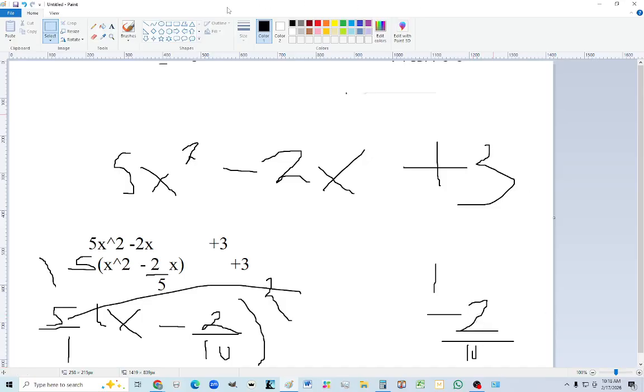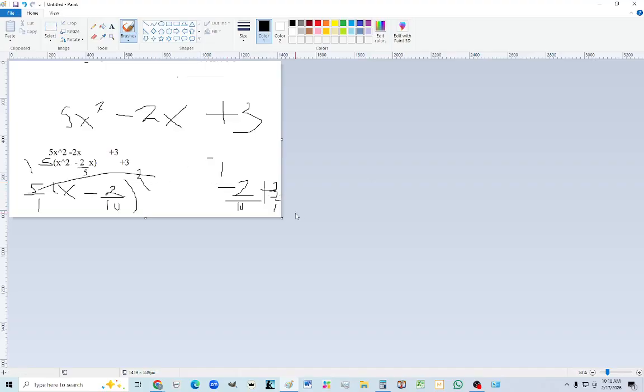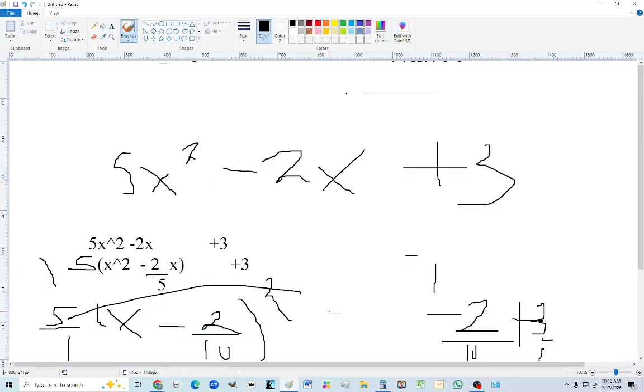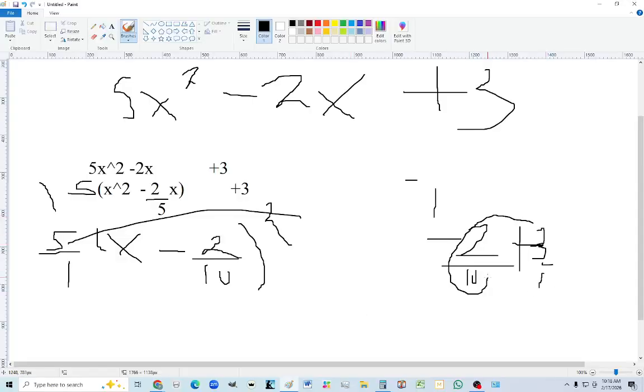Well, I have to add that to 3. I can't add it to 3 directly because the only way you can add fractions is when the denominator is the same, and 3 is the same as 3 over 1. That means I have to make 3 over 10. The only way to do that is to multiply the top and the bottom by 10.